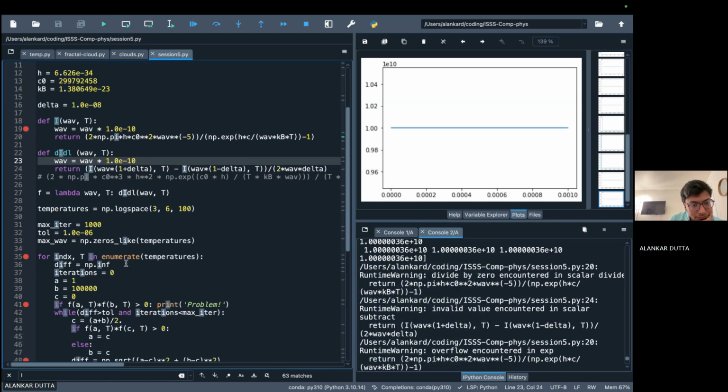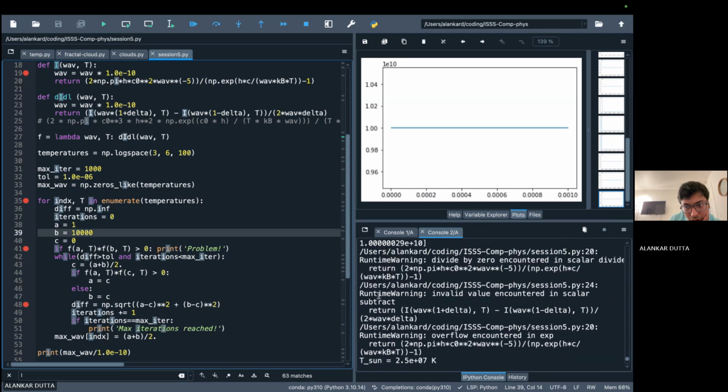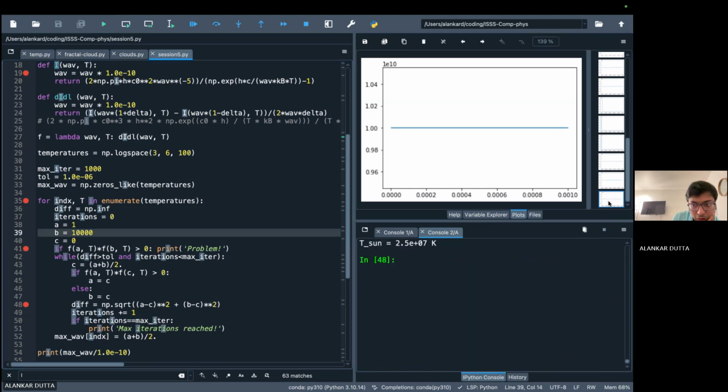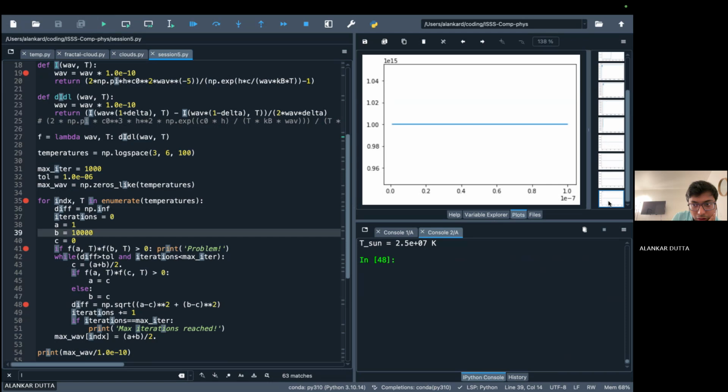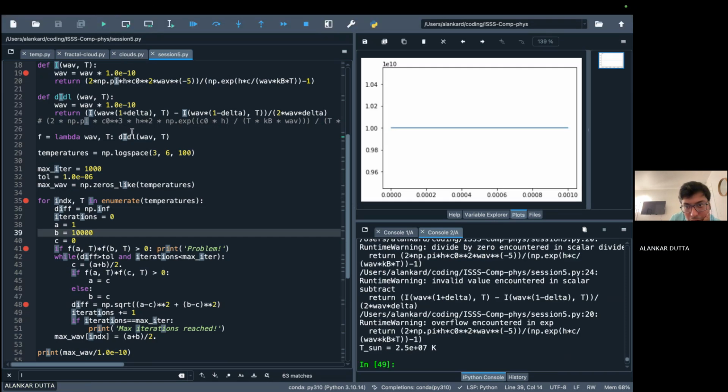Hmm. Trying to get rid of these. And so this is a problem in here. Is fixed.